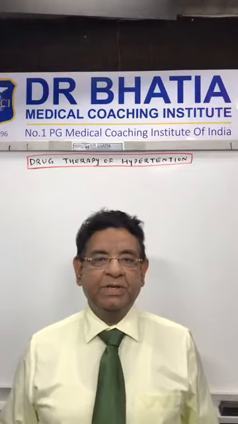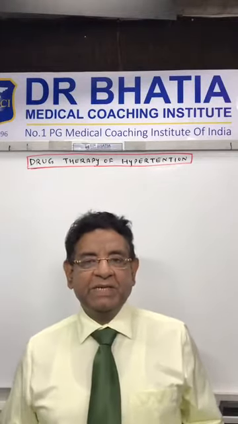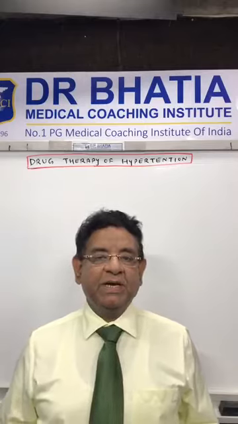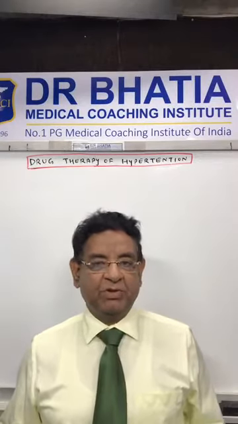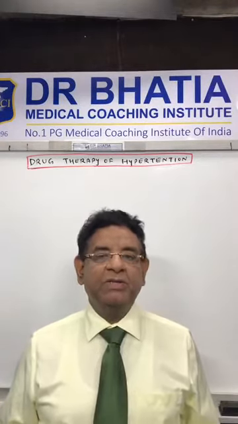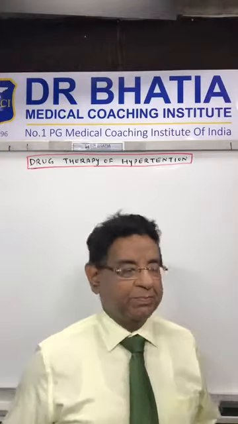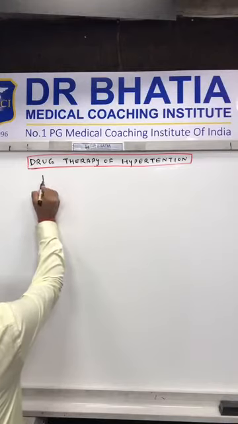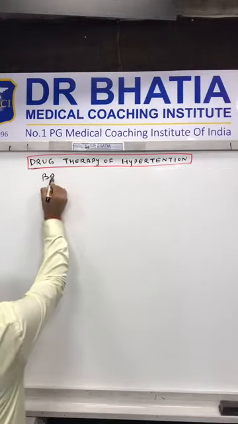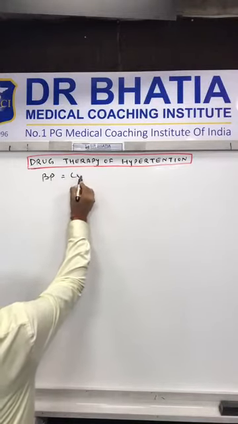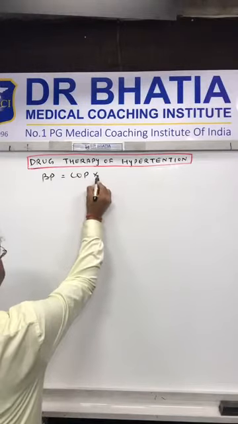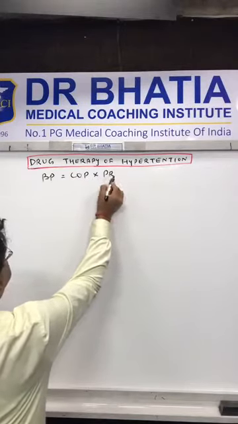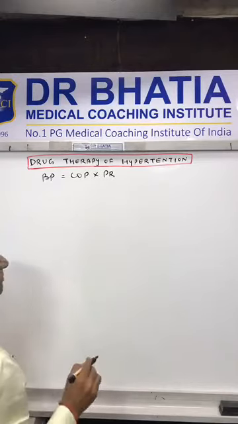Hypertension. We will never understand drug therapy of hypertension unless we know the basic physiology, how the BP is controlled. So, BP is cardiac output multiplied by peripheral resistance.